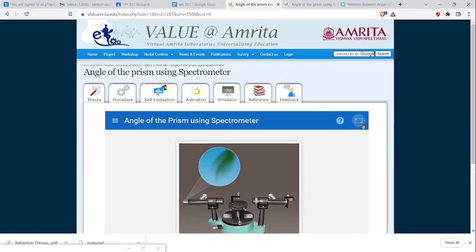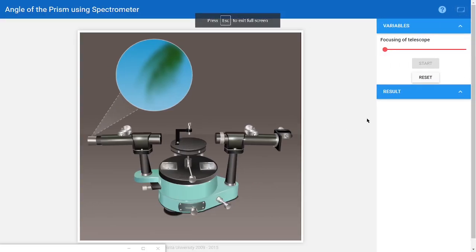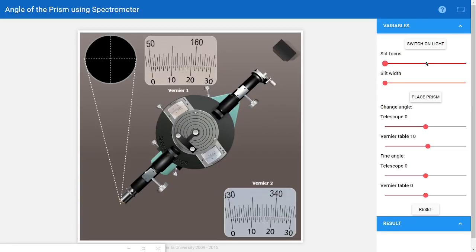So what does it mean? In case of a regular prism table or the spectrometer table, you have to focus your telescope for a distant object. So this is my distant object here in the simulator. There's a similar analogy between that. So we have to focus it, and after that we have to click the start button.